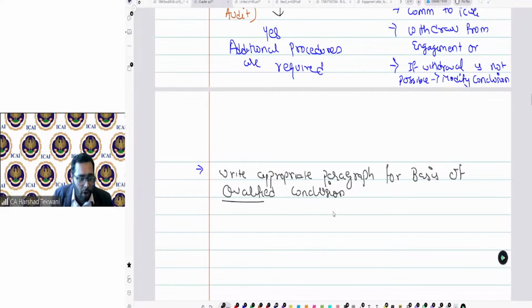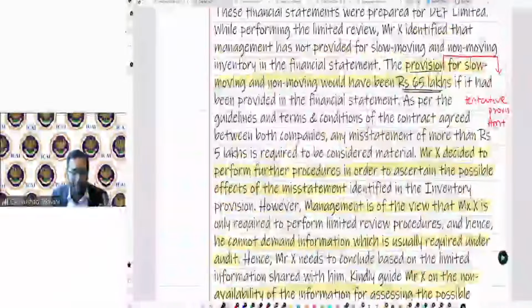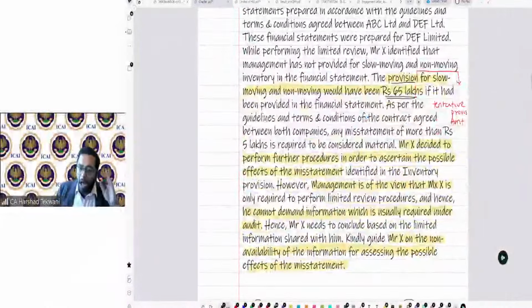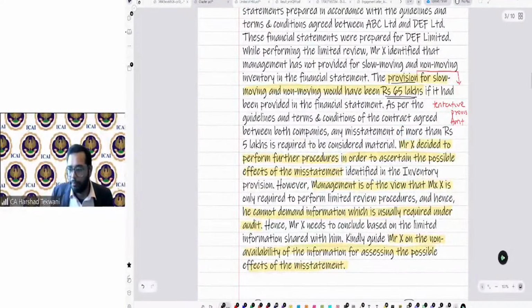I'm specifying this is the qualified conclusion. So write an appropriate paragraph based on this matter. If you are the auditor, how will you describe the matter in your basis for qualified conclusion? A few lines I'm expecting.